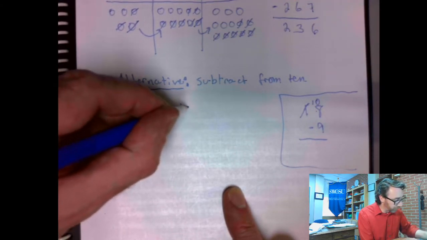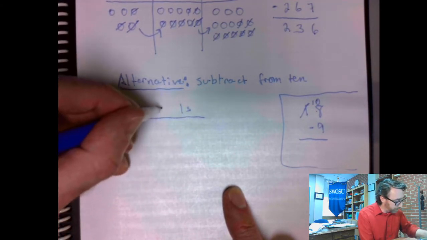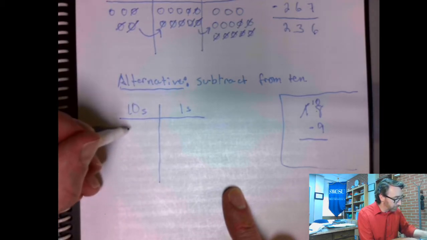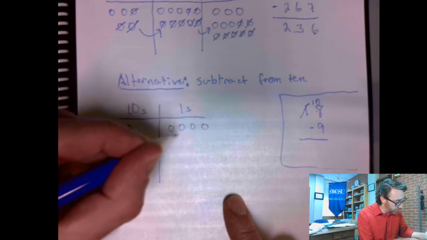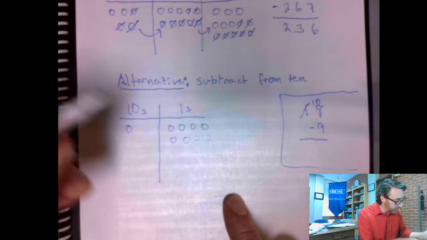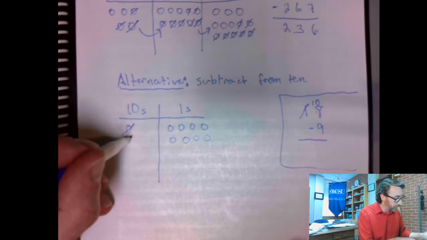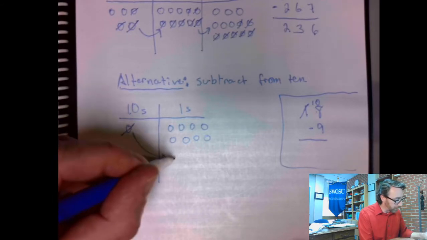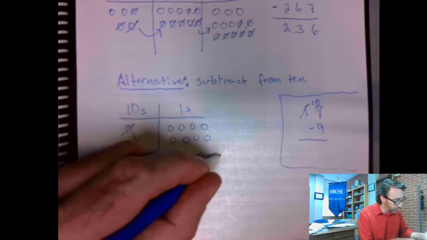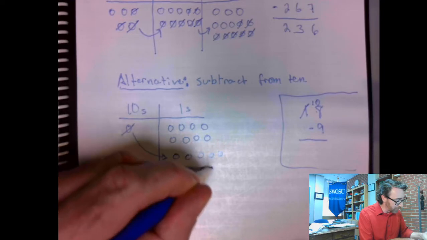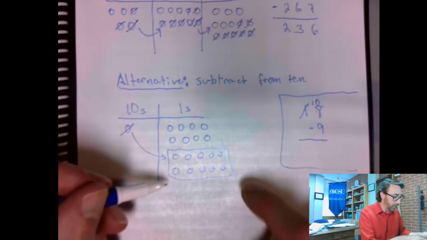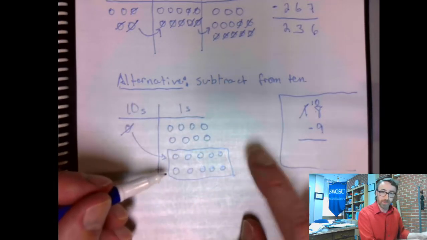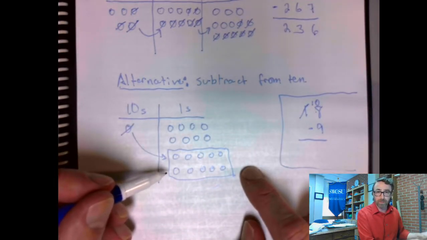So let's just look at that 18 minus 9 there. It's a little bit of a silly example, but if we start with 1 and then 1, 2, 3, 4, 5, 6, 7, 8, we would unbundle that and give us 1, 2, 3, 4, 5, 6, 7, 8, 9, 10 down here. So what you do is you look here. You don't look at the entire tray, you just look at the 10s that you just made.